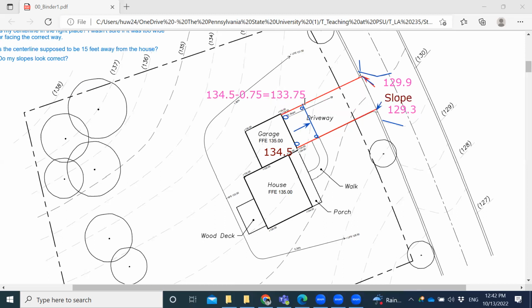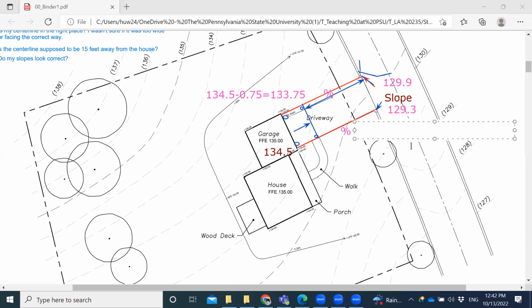Once you have 133.75 and 129.9, you would again measure the distance from here to that spot. You get your slope. You get your slope there, the same, you get the slope over here. And you'll find out that this slope is bigger than that slope because this spot is lower than that spot, right?